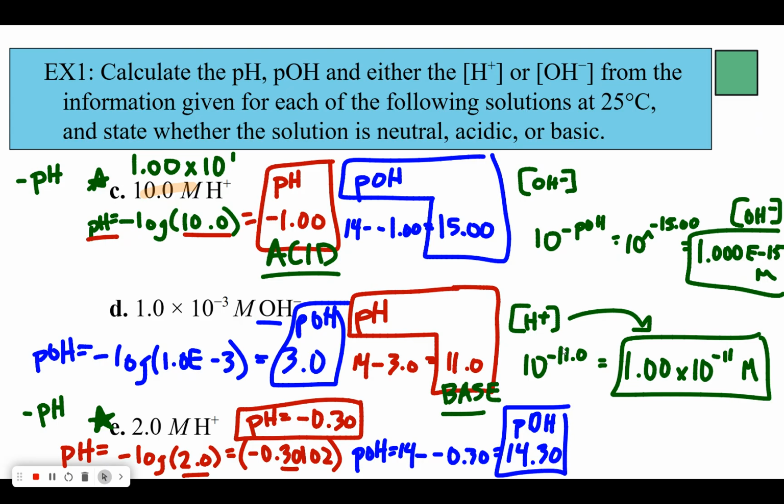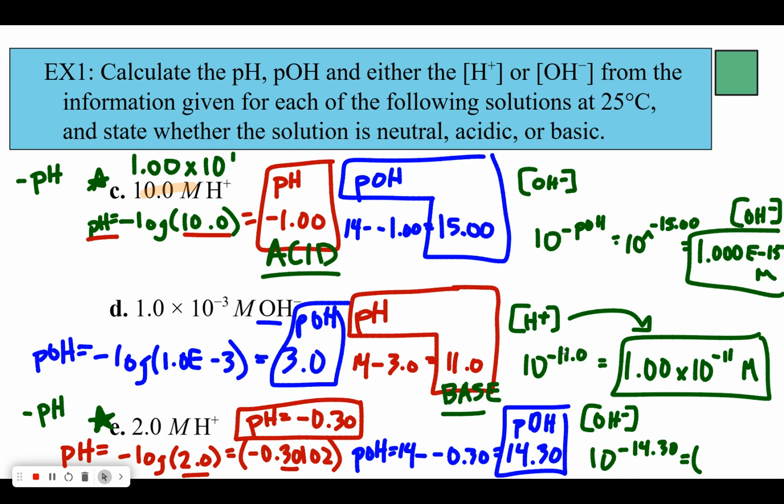One more step, just like normal, to find my OH concentration. I'm going to be doing 10 to the negative of my pOH, which once again, because this is a decimal, is not going to give me a nice round 1 times 10 to the something.